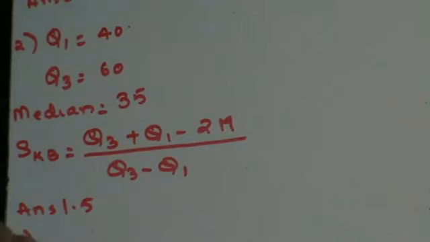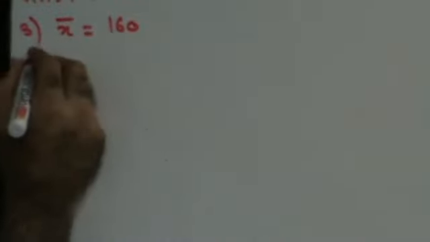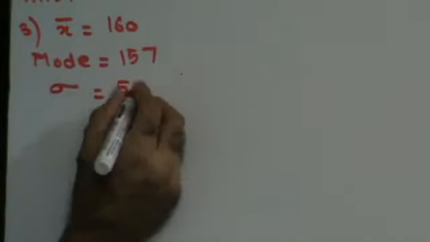If the arithmetic mean is 160, mode is 157 and standard deviation is 50.